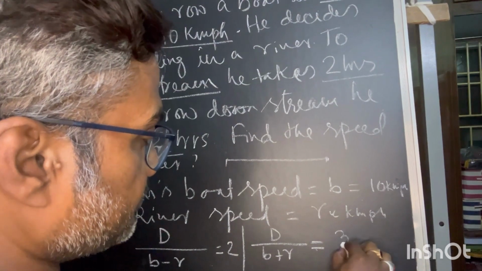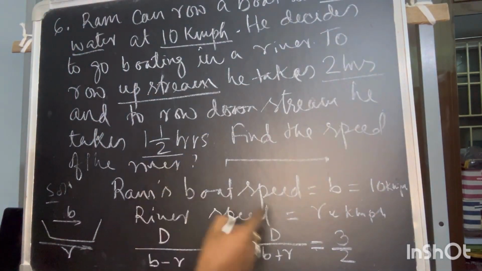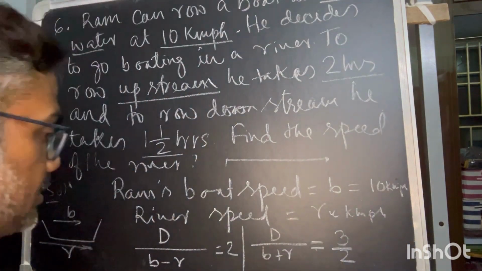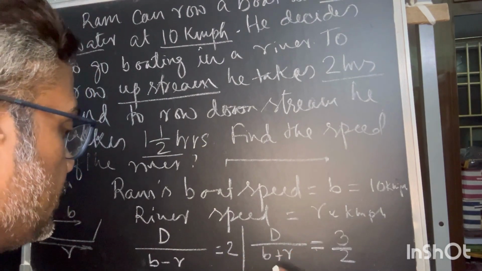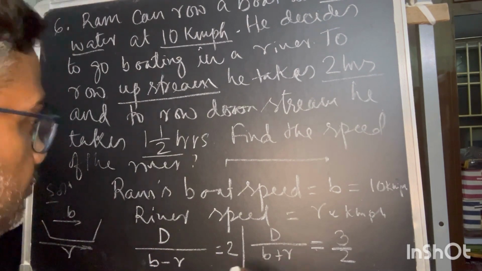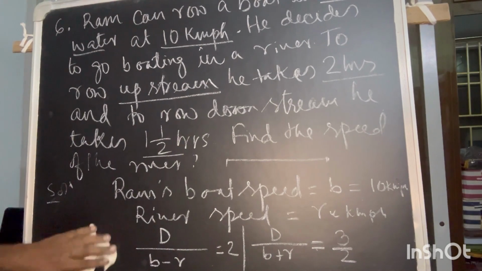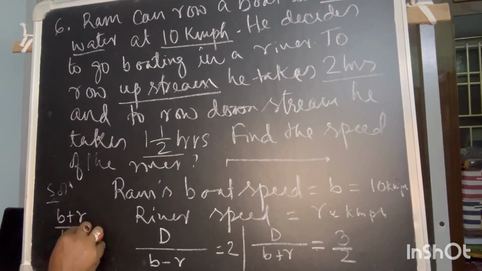So this is 3/2. 1.5, if we convert to a fraction, is 3/2, an improper fraction. Now from this, if you divide this upon this, ultimately it will give you b plus r by b minus r.